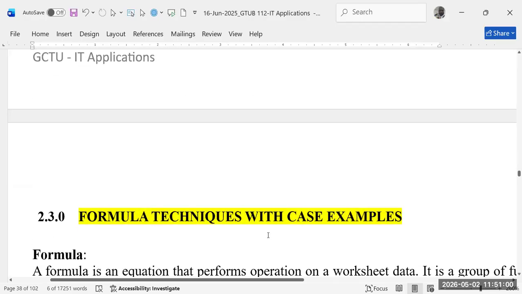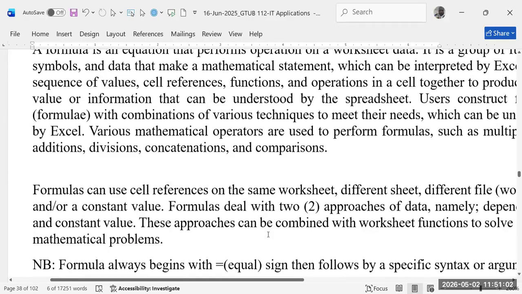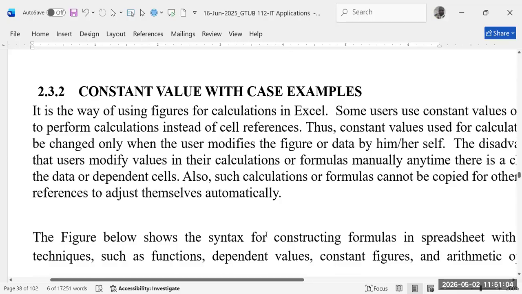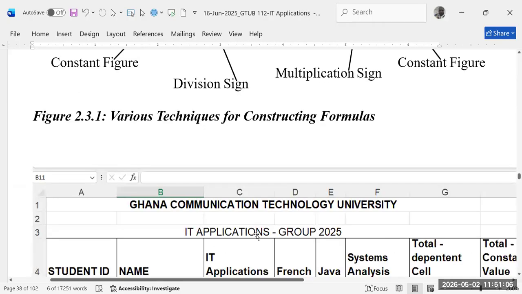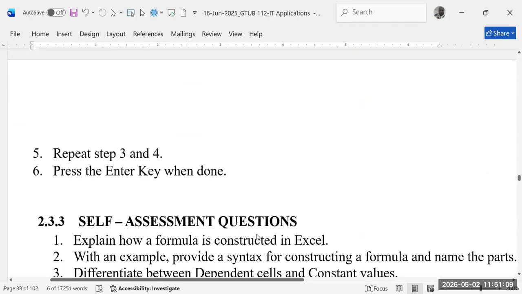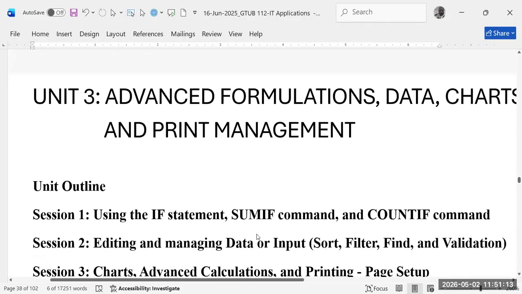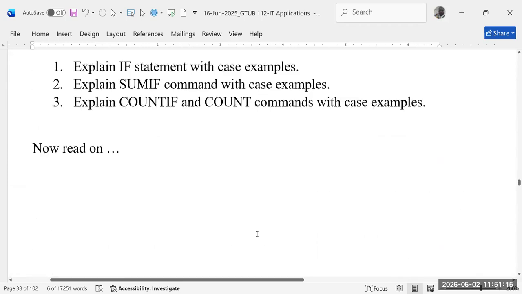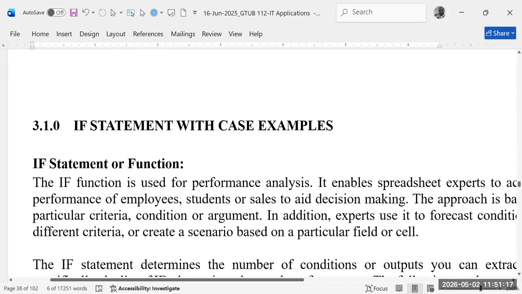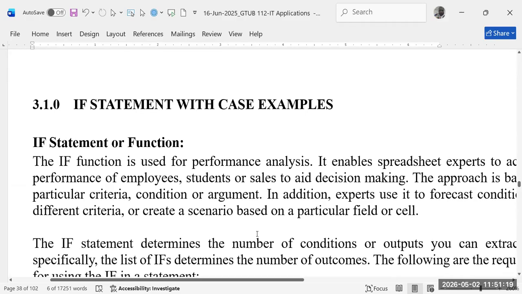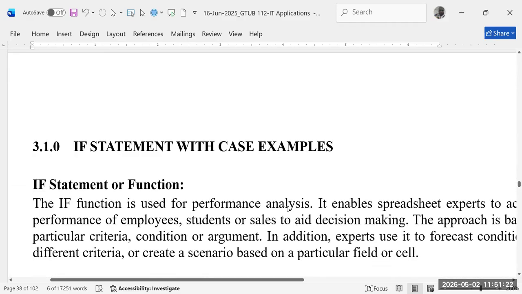I'm looking for the if function. That one is what we are going to do now. There are a lot of practical examples you can do to understand the concept easier. Good. So I'm here now.